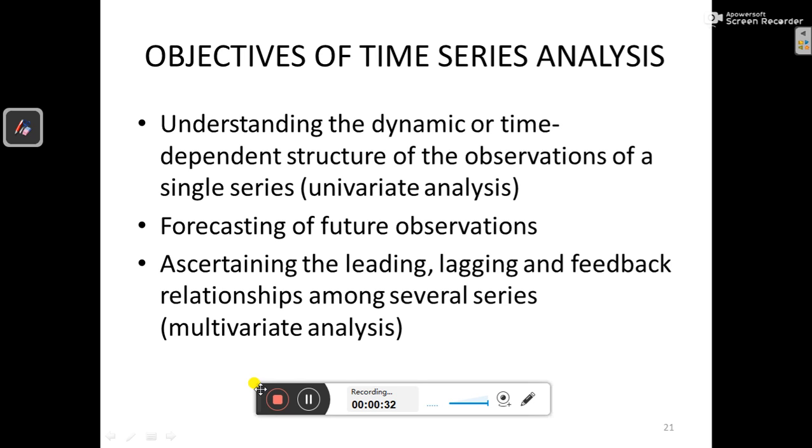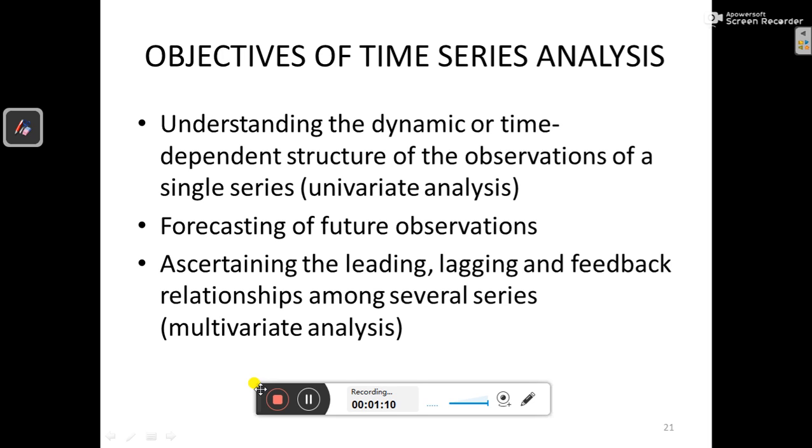Univariate means one variable: the observations of a single variable, how they depend on time, or what the dynamic behavior of the time dependent structure is. The second objective is forecasting of future observations. We can forecast future observations having analyzed the dynamic or time dependent structure of the observations of a single series.